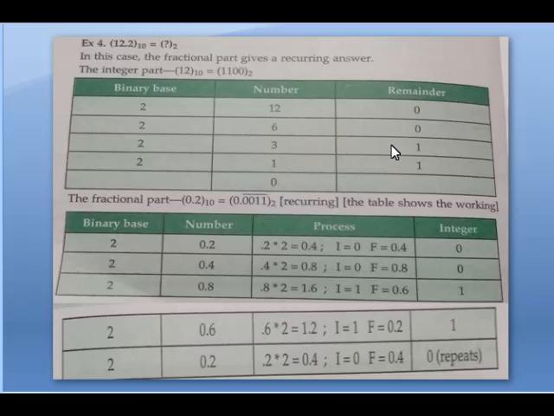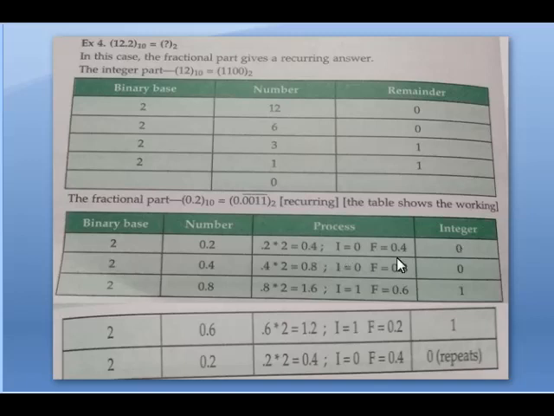The fractional part is 0.2. So 0.2 into 2 is 0.4. So the integer part is 0 and the fractional part is 0.4. So here we have to write the integer part. Okay. Next 0.4 into 2 is 0.8. Integer is 0 and the fractional is 0.8.